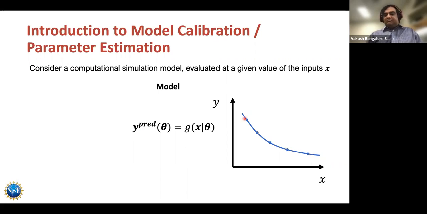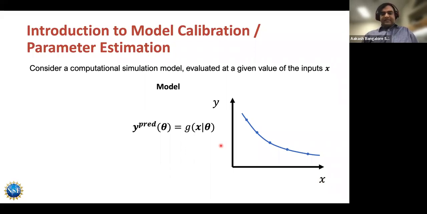It can be coming from the result of some complex simulation. Essentially, a simulation model is not an analytical model; it's where you use computational code to evaluate the response of your model given some input values.